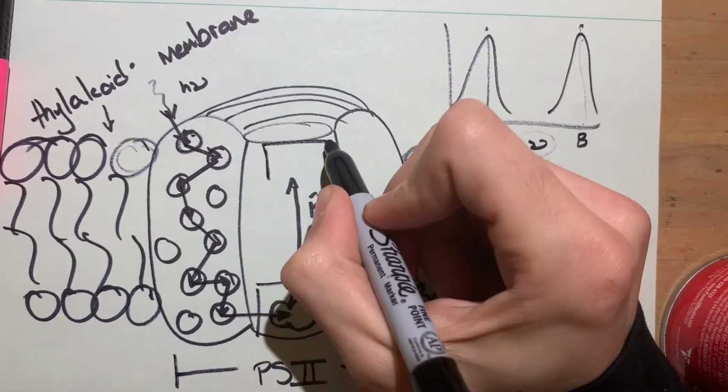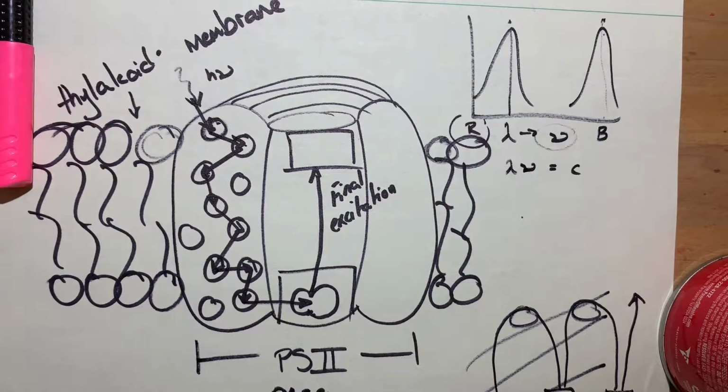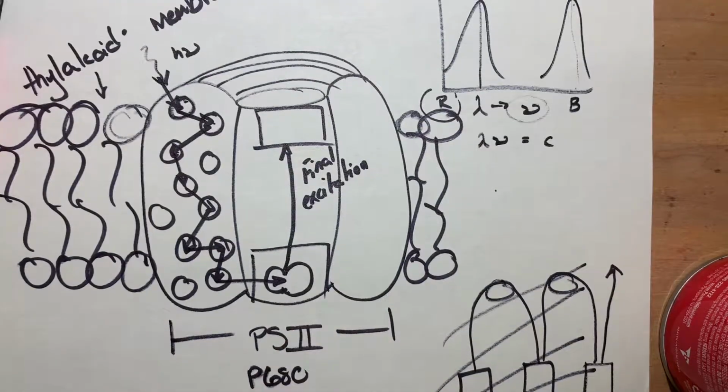And this is going to go into the primary electron acceptor. And so basically what happens is it reaches this primary electron acceptor, and an enzyme will then catalyze a water molecule to split into two hydrogen ions and the solo oxygen atom.